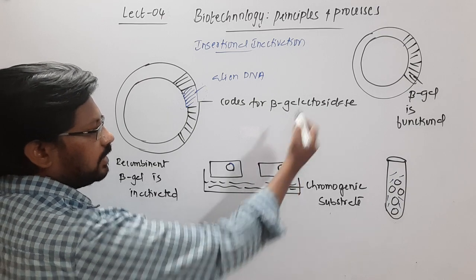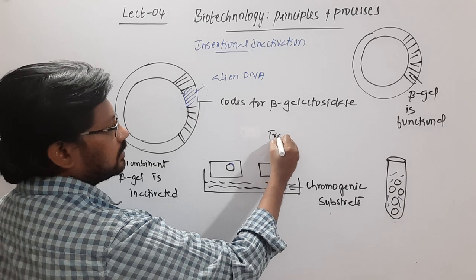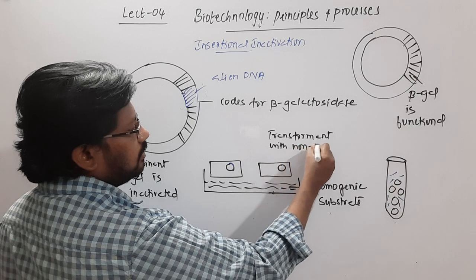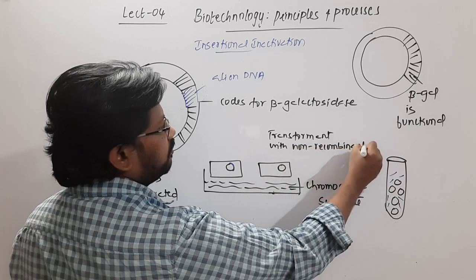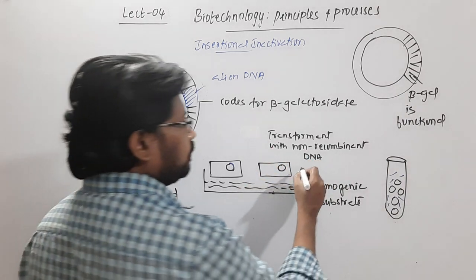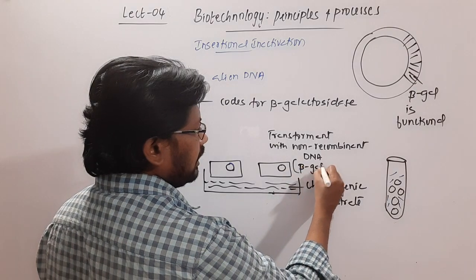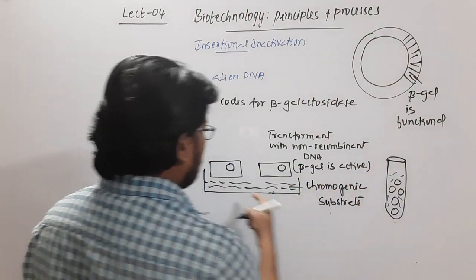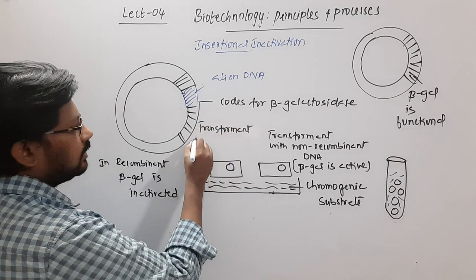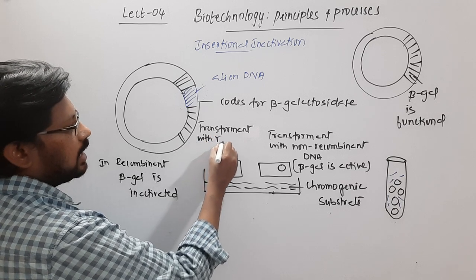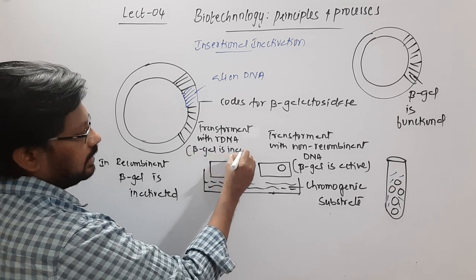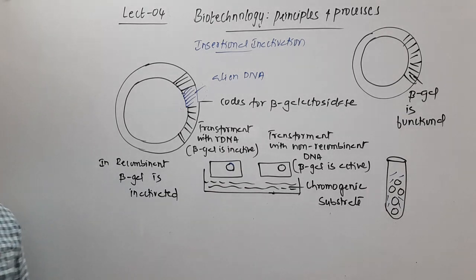So it's the transformant with non-recombinant DNA, which means the beta gal is active. And in the transformant with rDNA, the beta gal is inactive.